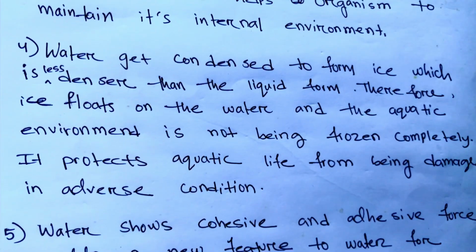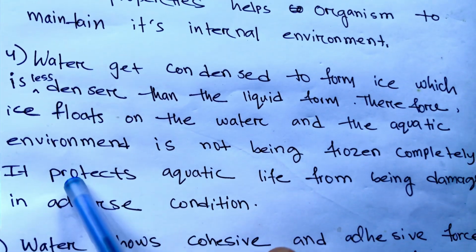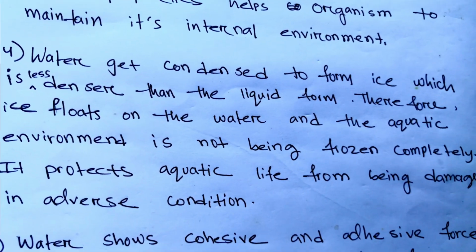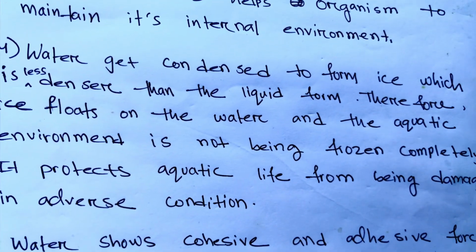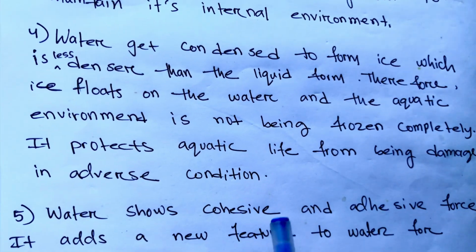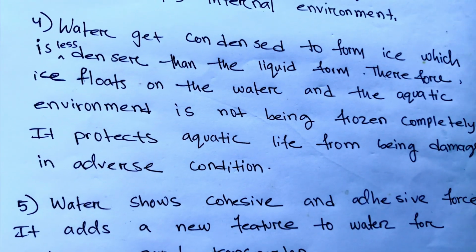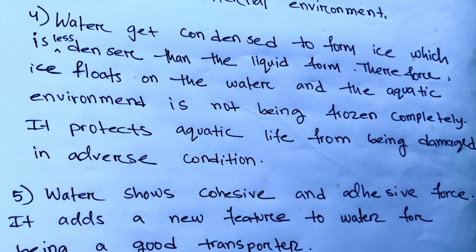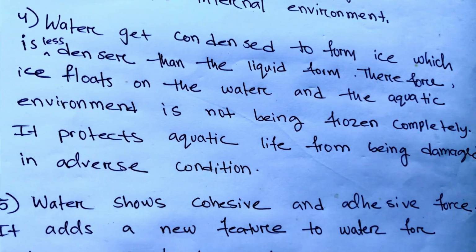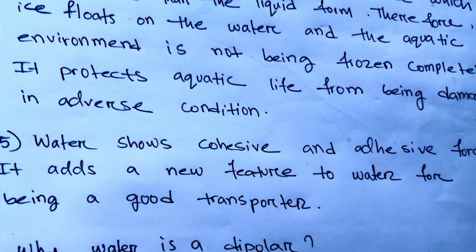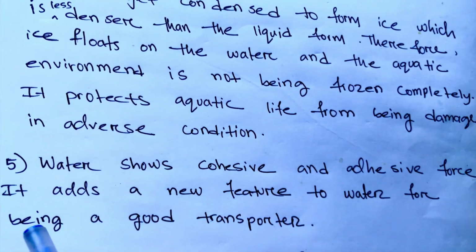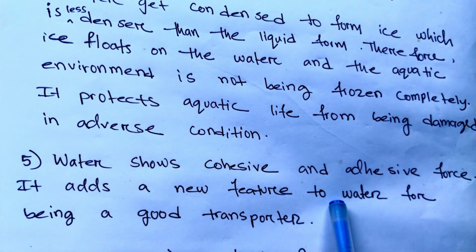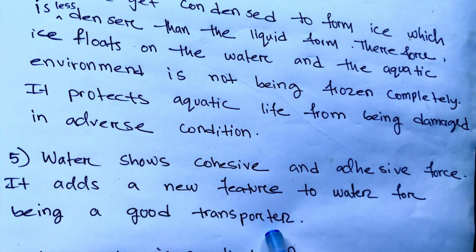So it helps the aquatic environment from being frozen completely and protects aquatic life from being damaged in adverse conditions. All right, and our fifth and last point is that water shows cohesive and adhesive force. It adds a new feature to water for being a good transporter.